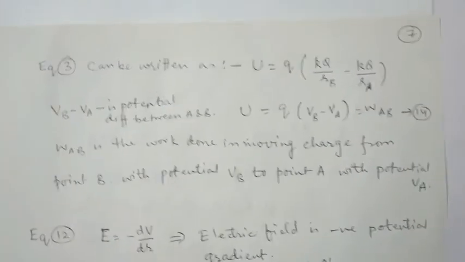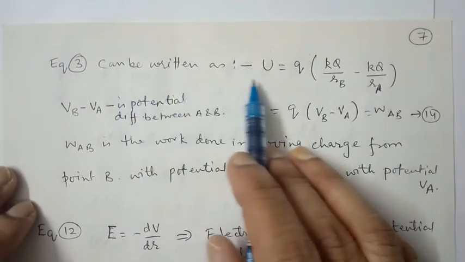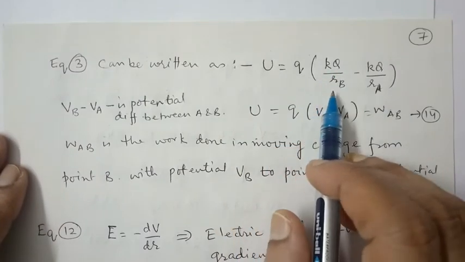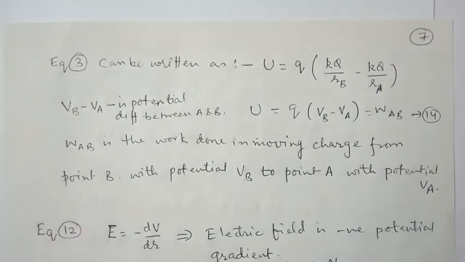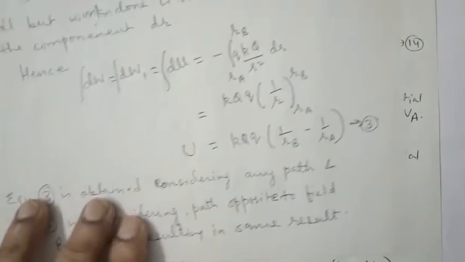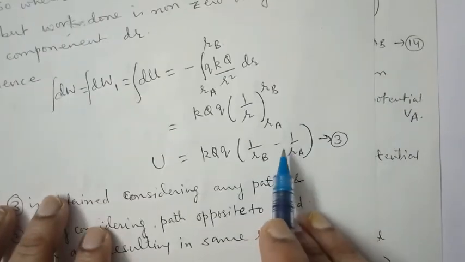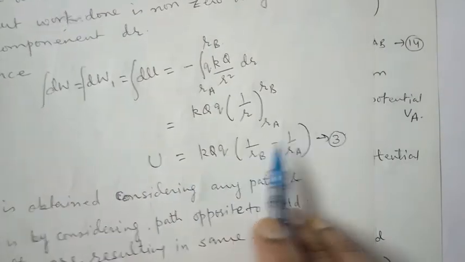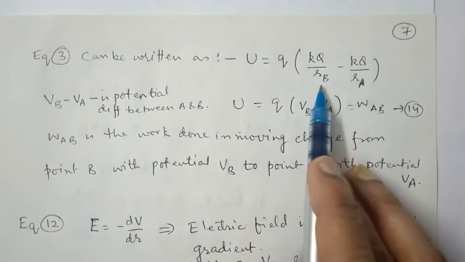A few minutes back, we discussed that the potential energy is equal to KQq by RB minus KQq by RA, from equation number 3 here. Here I have denoted it as KQq times 1 upon RA minus 1 upon RB if I take KQ inside.